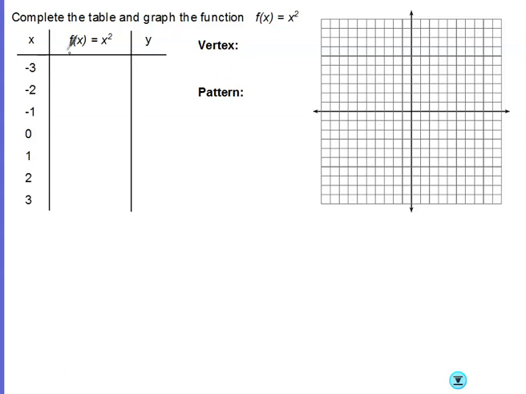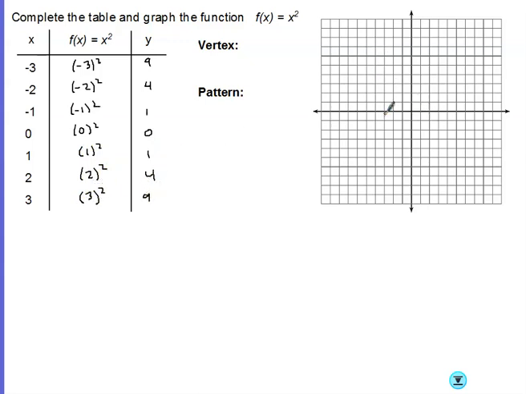We should have -3. When I square it, we get a y value of 9. -2 squared gives us a y value of 4. -1 gives us 1, 0 gives us 0, 1 gives us 1, 2 gives us 4, and 3 gives us 9.